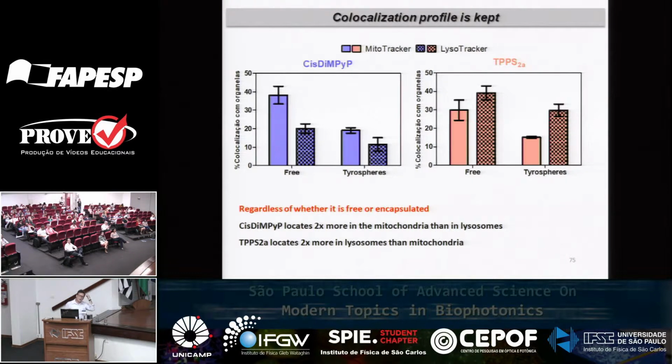Colocalization, well, where are these molecules located if they are delivered with the polymer compared to when they are delivered free in the solution? So basically what Diana shows is that it doesn't change. And you see here the profile of MitoTracker and LysoTracker colocalization, when it's free and when it's in tyrosphere.